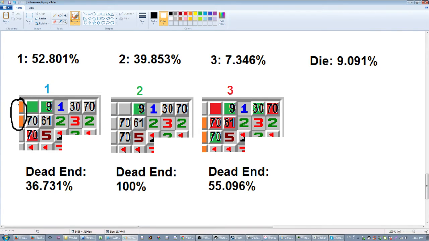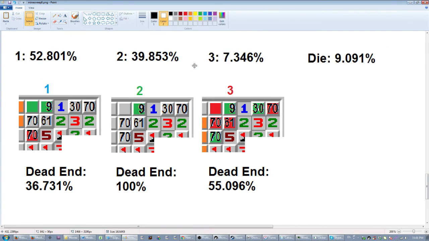Yeah. And depending on what we get here, I guess we'll end up with a dead end anyway, and the same goes for here. So among the dead end chances we get, this is the least likely, so it's kind of good. And it's also the most likely to happen, with a 52.8% chance. I also have a chance of dying here.